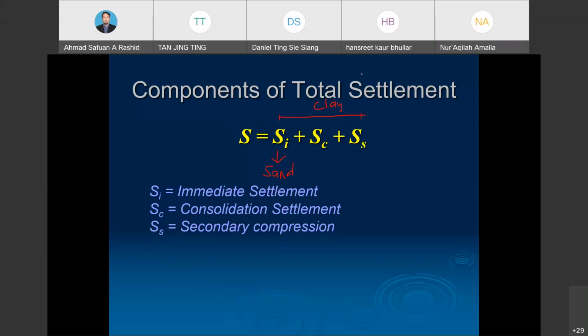So today we may discuss only on this immediate settlement. Okay, how to calculate the immediate settlement for the clay and also for the sand.